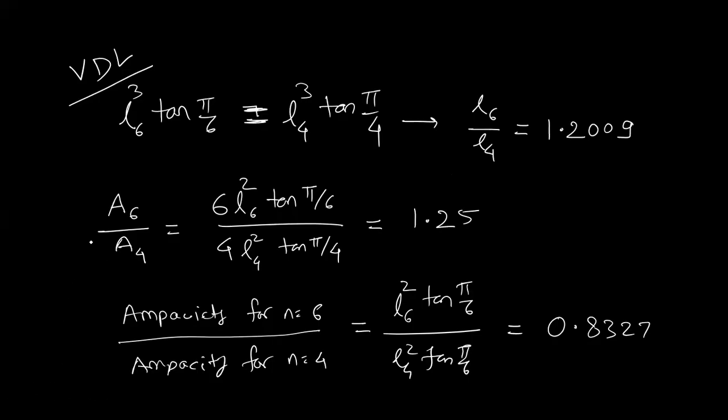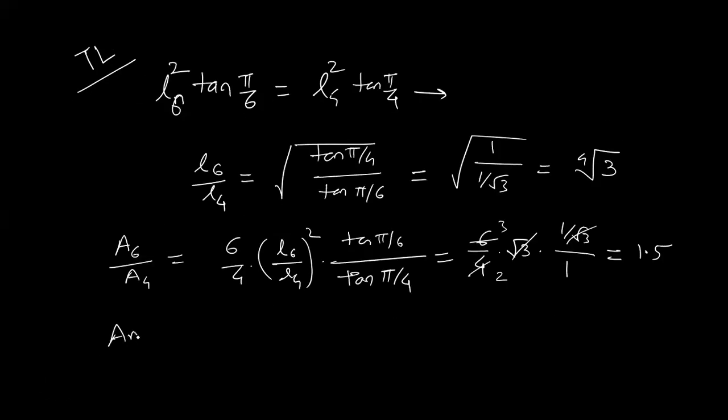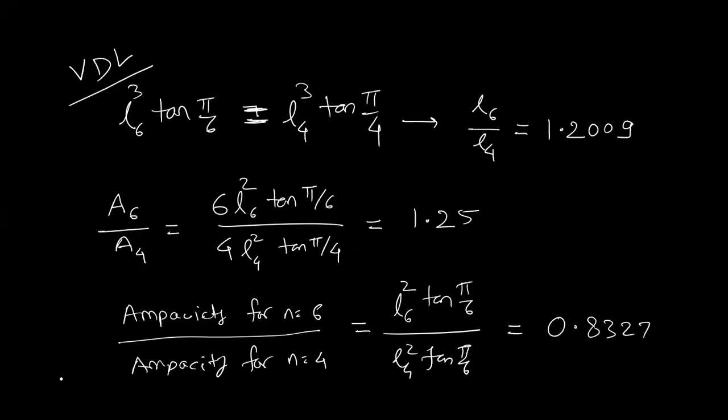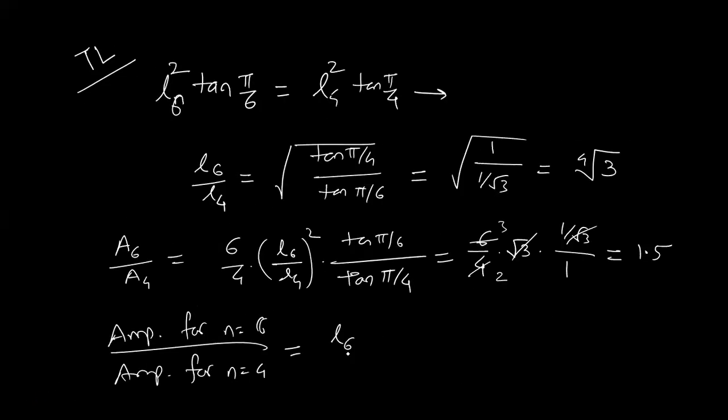Now, similarly to area coverage, we can compare the ampacity for 6 feeders divided by the ampacity for n equal to 4 feeders. We can write the expression, which is the same as earlier: L6 by L4 square, tan pi by 6 divided by tan pi by 4.